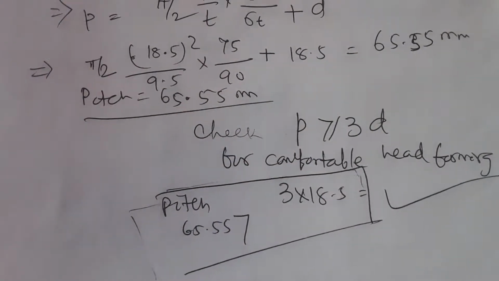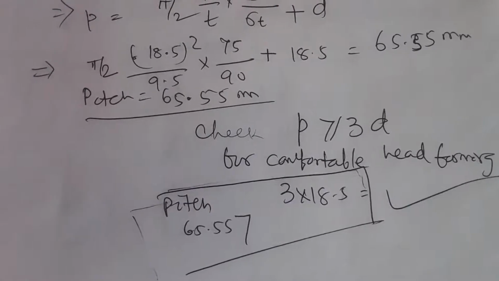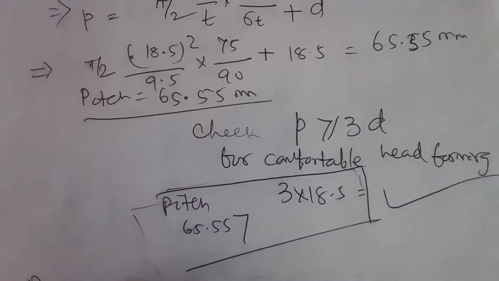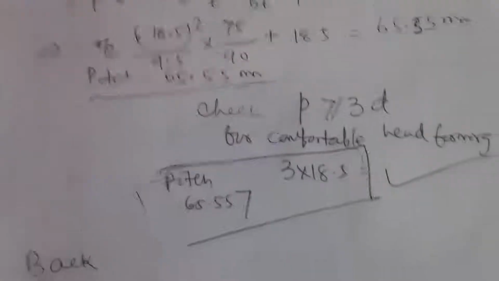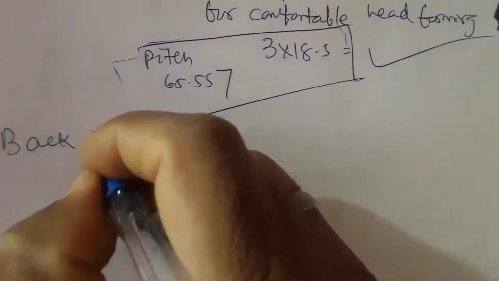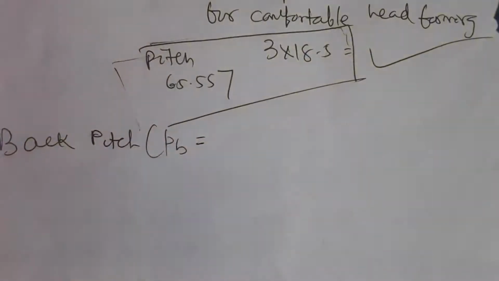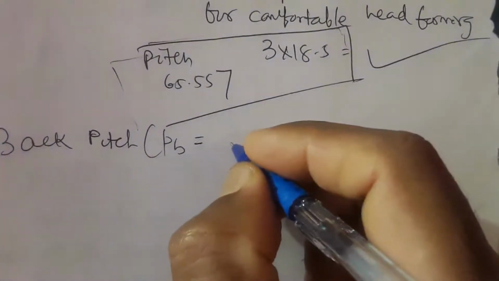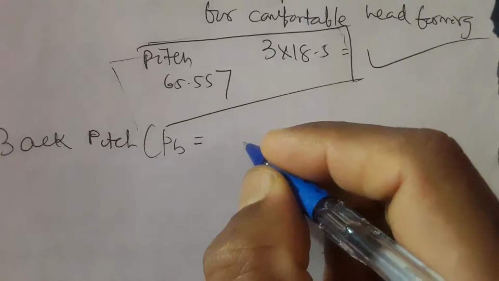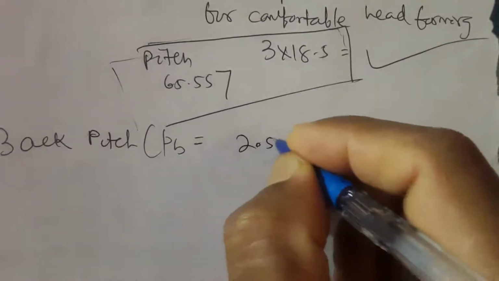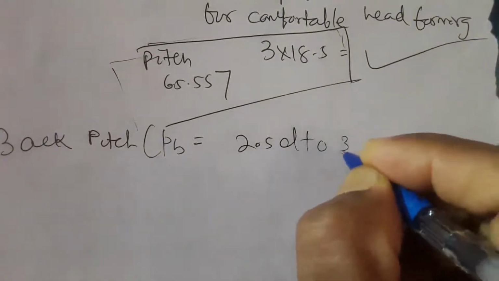If pitch is known, then you should know the back pitch, or PB. It must be between 2.5 D to 3D.